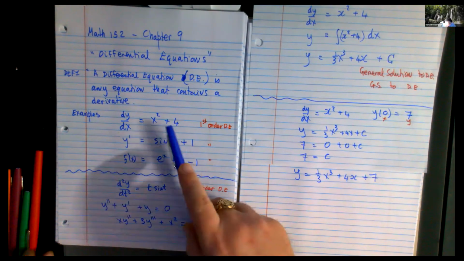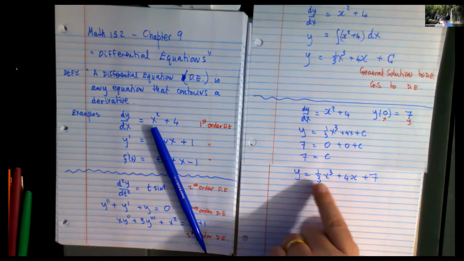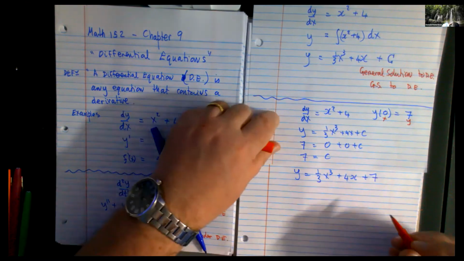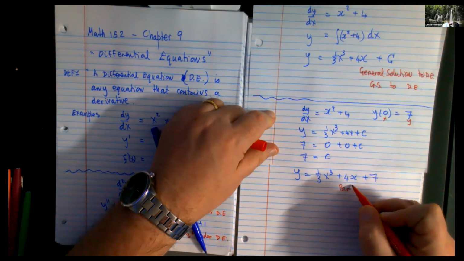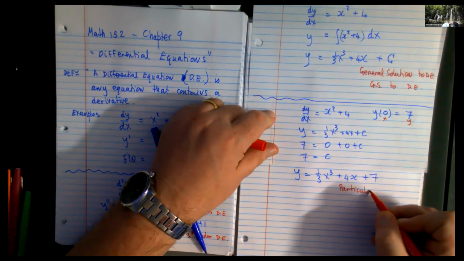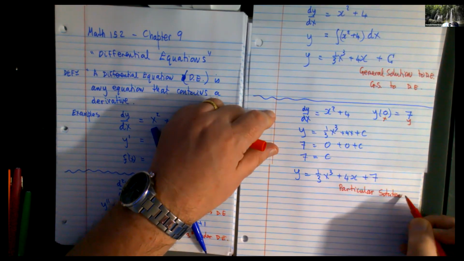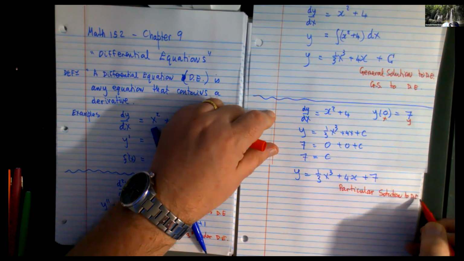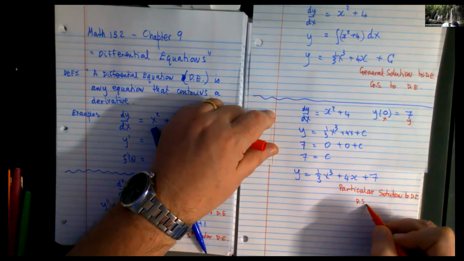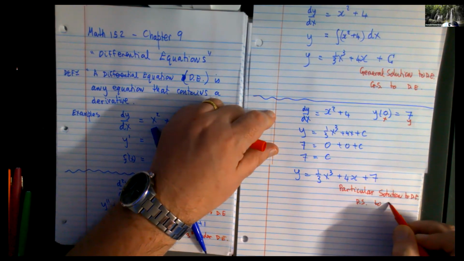And we have a name for these kind of solutions where everything is known. It's called a particular solution to the differential equation. And of course, we abbreviate it to PS to a DE.